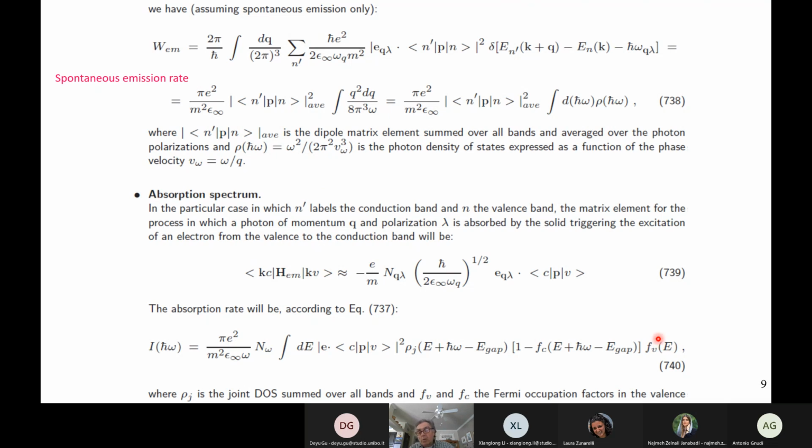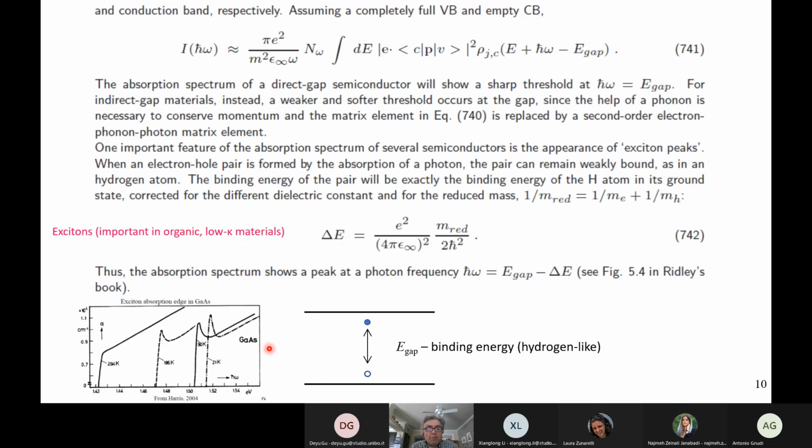If the valence band is full, this is 1. So these two factors become just 1 if you're assuming an ideal intrinsic semiconductor, and you have essentially the integral over the joint density of states at the frequency of the photons that are impinging on the system. And so this is the absorption spectrum, given by this expression.